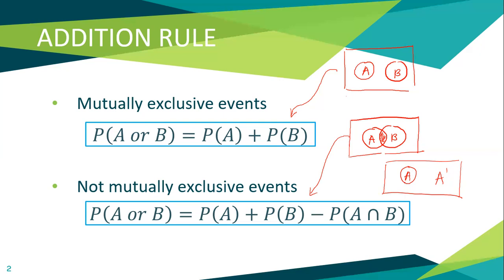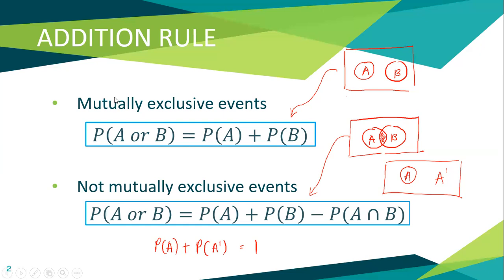Kapag pinag-add mo silang dalawa, it will give you 100%. Tama? So we can say that the probability of A plus the probability of A prime is equal to 1 or is equal to 100%.